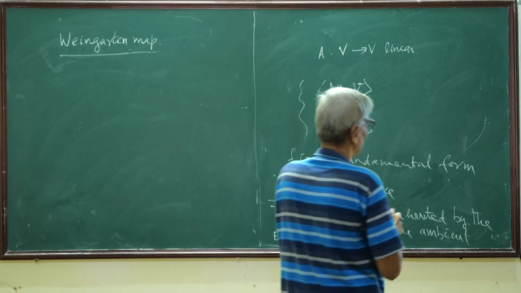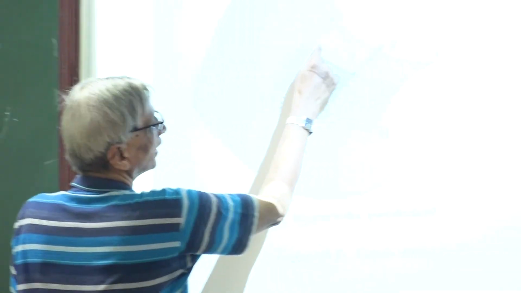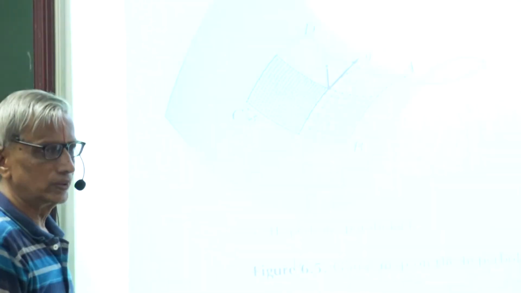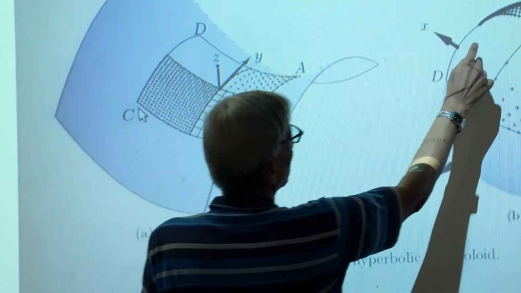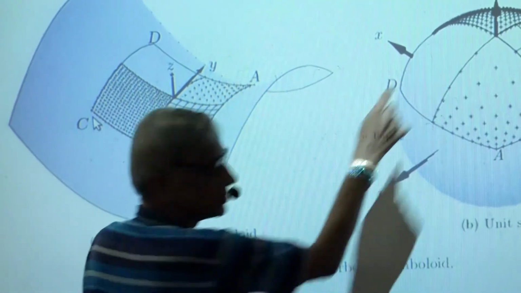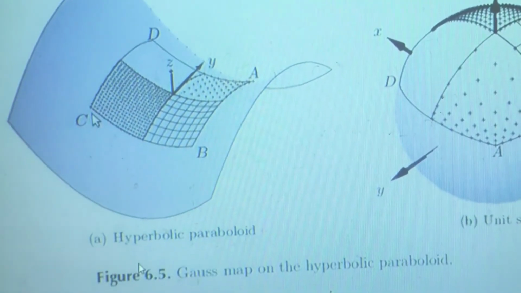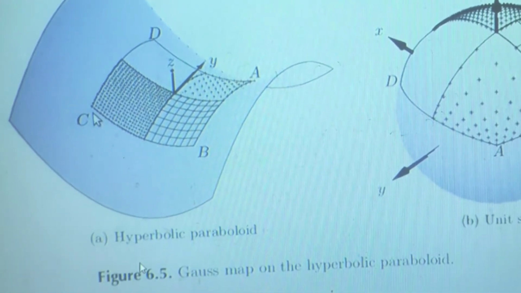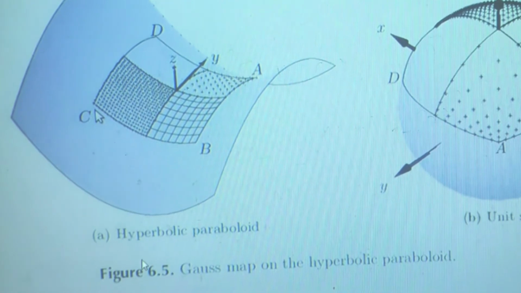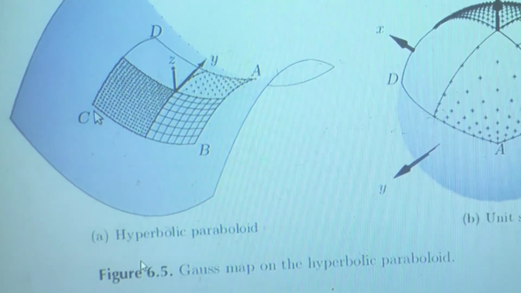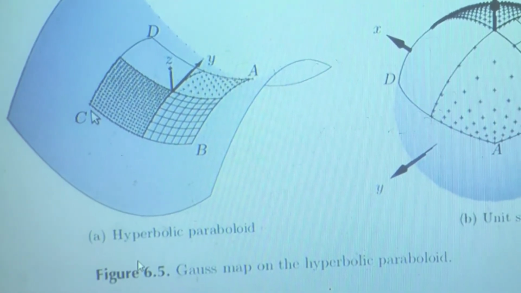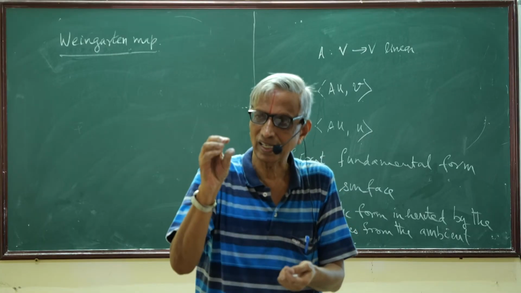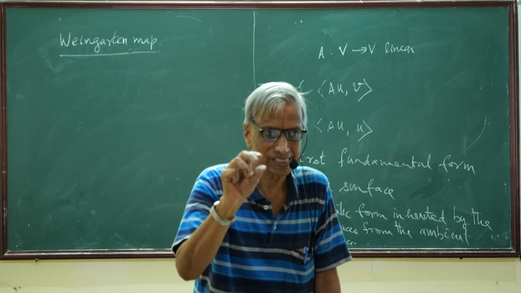Okay? So take a point here, take a small neighborhood there, take a corresponding image there, look at the area of this and the area of that, look at the ratio of the areas, and see what happens as your neighborhoods shrink.